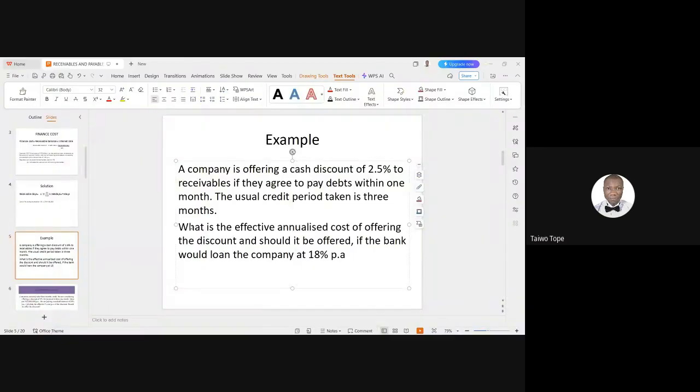But the organization is saying if they allow you to pay within 1 month, they are going to give you a discount of 2.5%. Now, if you are paying within 1 month, how many months is the organization saving to quickly get back their money? 2 months.